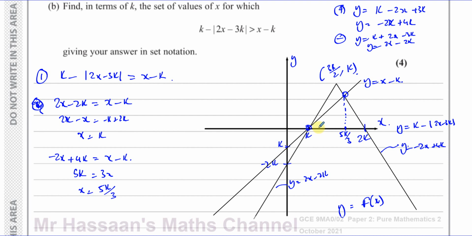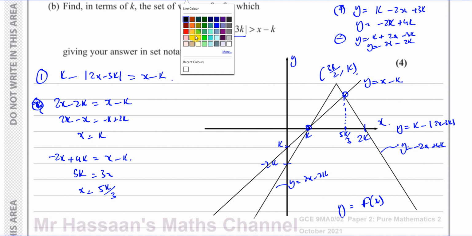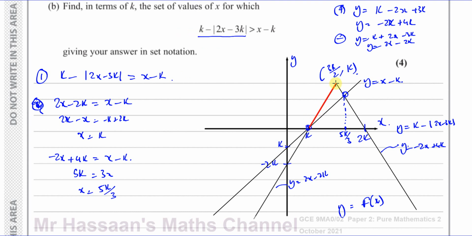So we want to find when this modulus graph is greater than x minus k. So basically when it's above it, and we can see that it's above it in the region that we can see over here. Let me just change the color. In this region here, the modulus graph is higher than the normal graph.